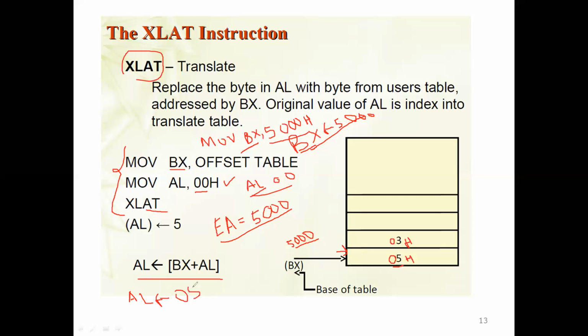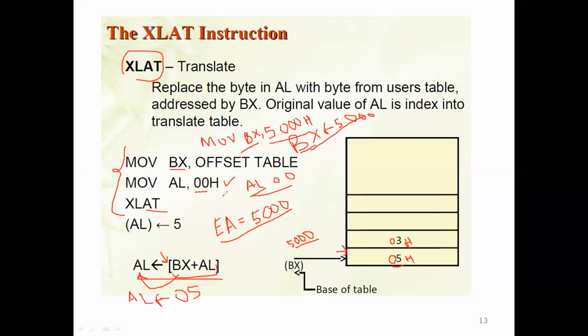To take this 05 from the particular effective address, the square bracket shows that the data of the calculated effective address will be copied to AL. So this is the XLAT instruction.